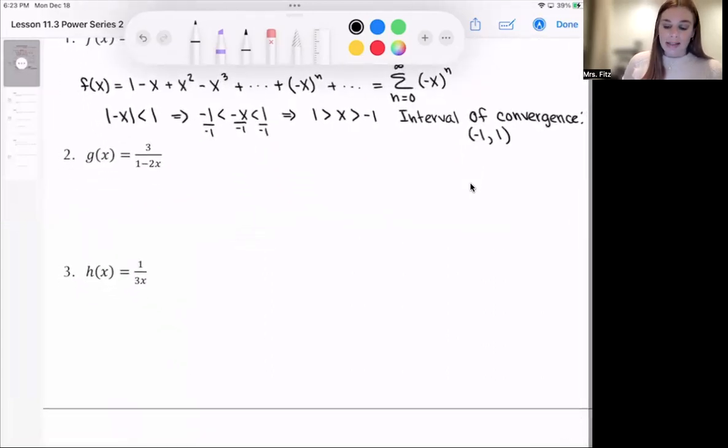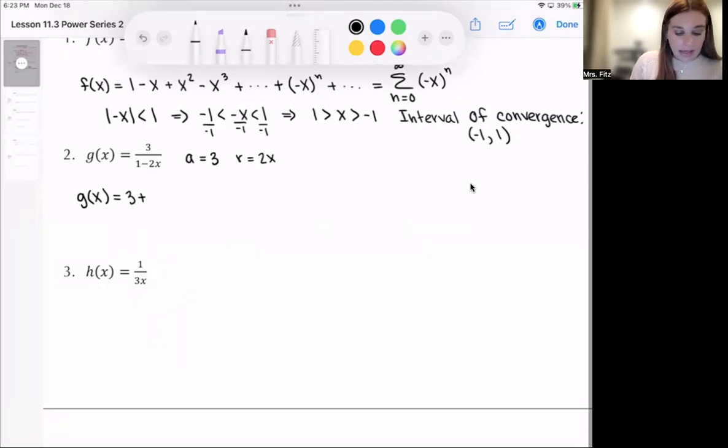So we have g of x equals 3 over 1 minus 2x. So this one, very clearly, you can see that your a is 3 and your common ratio is 2x. So when you're looking at your power series, we have our first term, which is 3, and then our common ratio. So we're going to multiply by 2x.